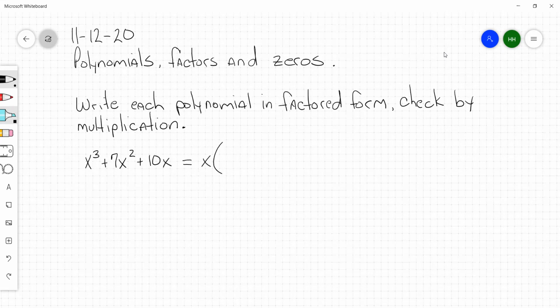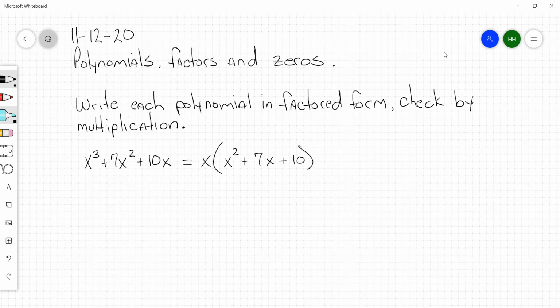And when we factor out the x to determine what goes inside these parentheses, you just take each of the terms and you divide it by the x that you factored out. So if you take x to the third and you divide it by x, you get x squared. And you get plus 7x squared divided by x is 7x. We get another plus. And then 10x divided by x, that's 10.